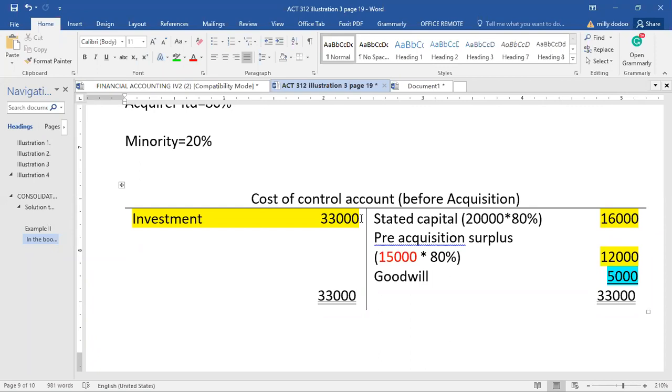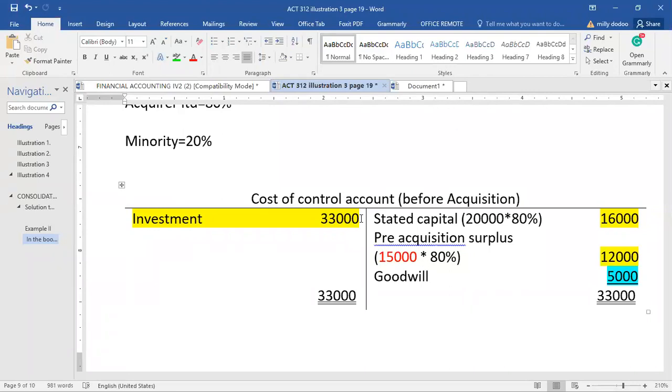It means Acquirer is paying something more than the value of the business, and what he is paying more than the value of the business is goodwill.